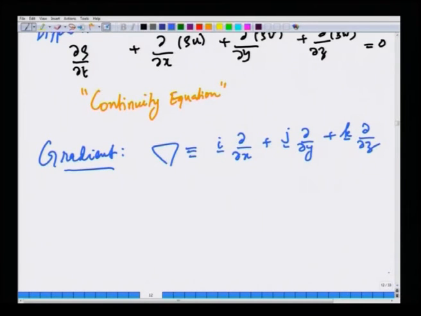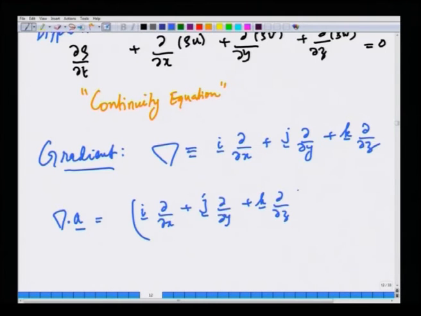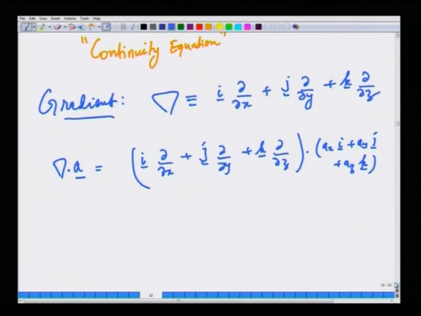If you have this as gradient, then del dot any vector A can be written as i d dx plus j d dy plus k d dz dotted with A, which is ax i plus ay j plus az k.